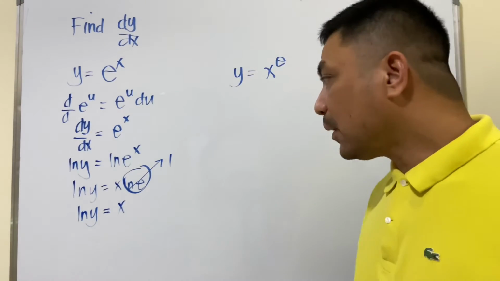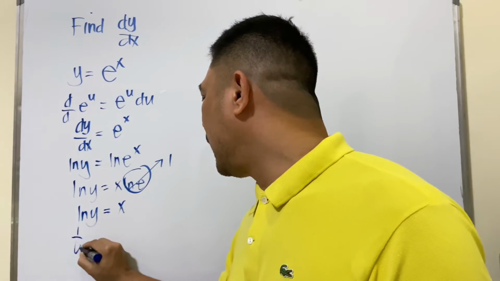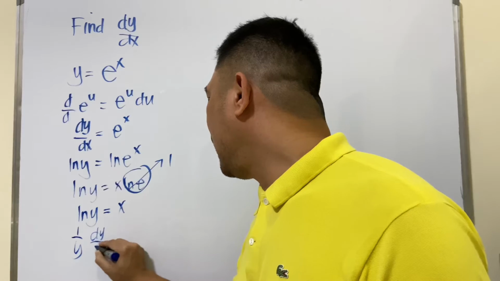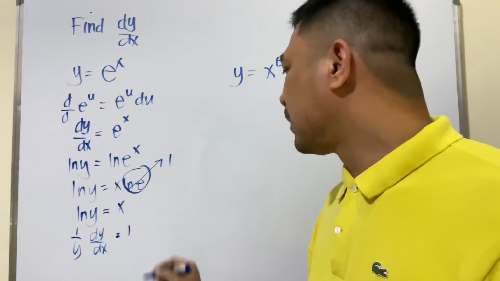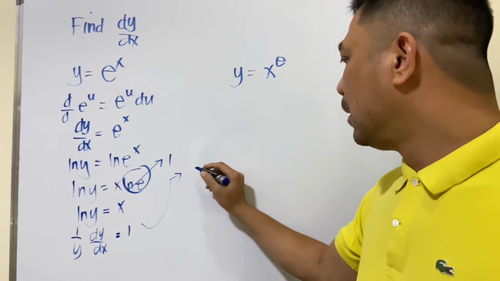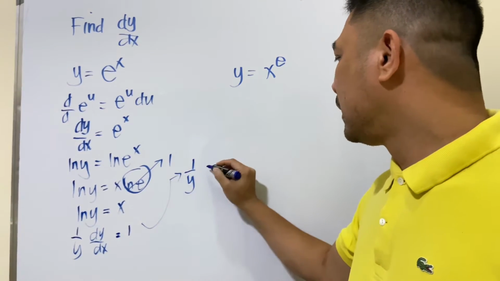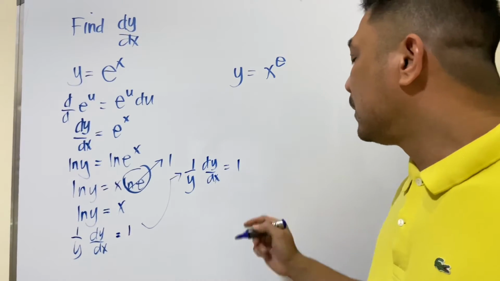Taking the derivatives of both sides, we have 1 over y dy over dx, and the derivative of x is simply 1. So 1 over y dy over dx is equal to 1.